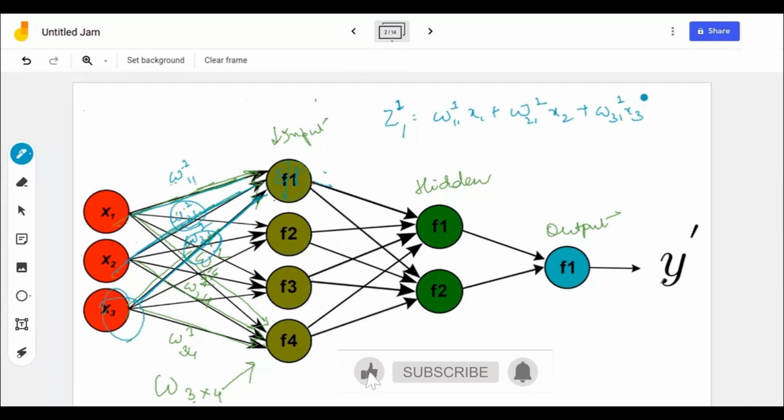So this is the summation. We also add another term called bias and you get all the summation here. Now bias is not compulsory, it is an optional part, you can or cannot add it.